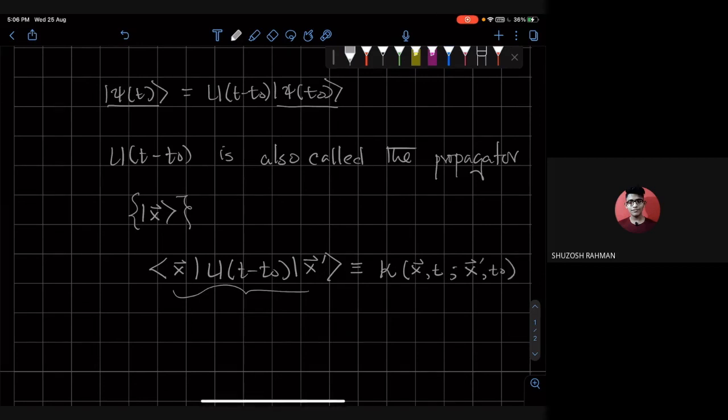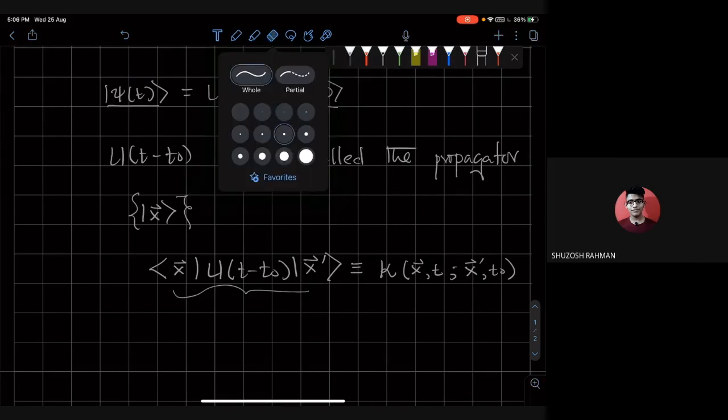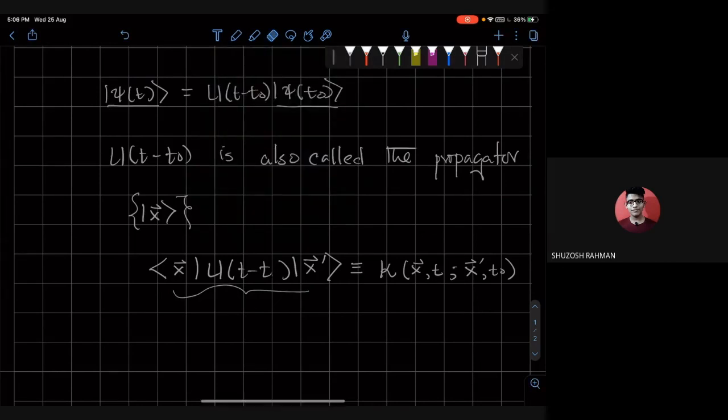Well, we could have called it, let's call it, instead of t0, let's call it t prime. We'll be switching some notation here and there.